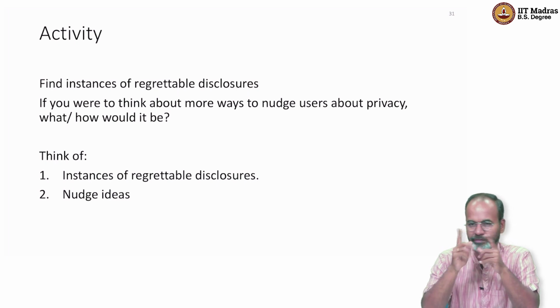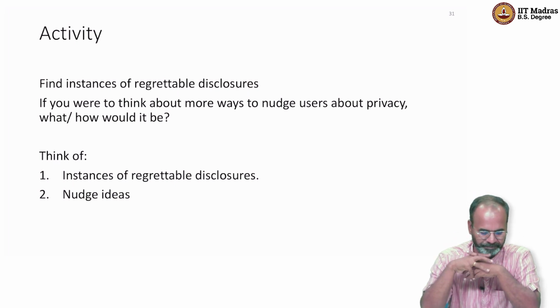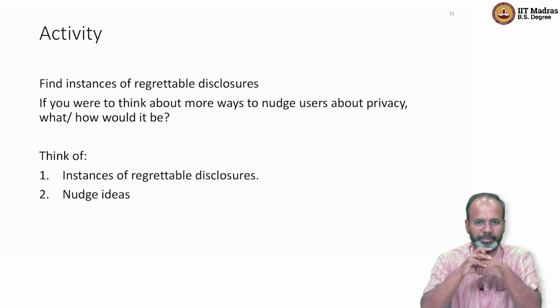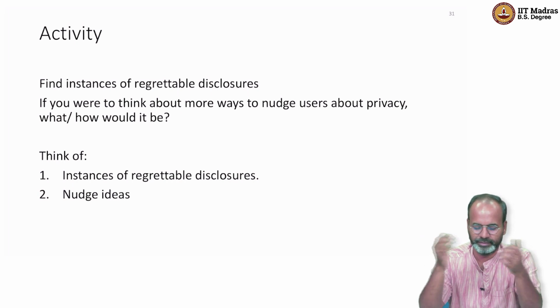Find instances of, even in the last week's content, I gave you some activity, right, the linkability activity that I had given. Find instances of regrettable disclosures, which is, think of places where people could have regret when they post something, you yourself or somebody else.